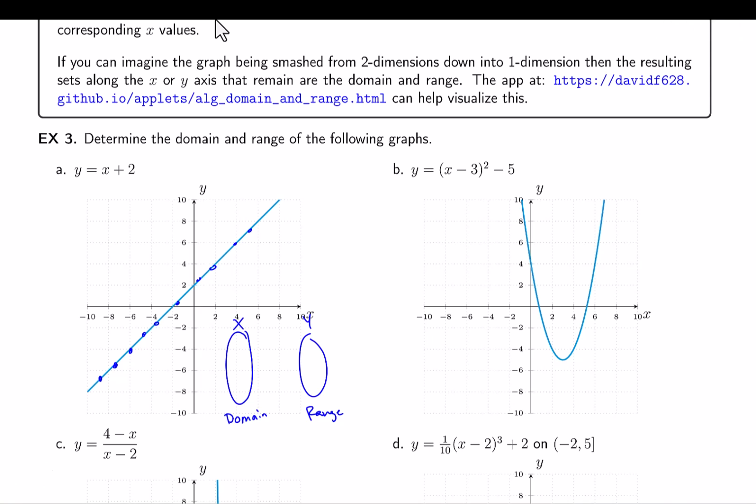But here's the thing: this one's at maybe -9. This one looks like, I don't know, -7.8 or something like that. It's not exactly at -8. You would think the next value after -9 would be -8, but not really. There's an infinite number of values between -9 and -8. You can't really just list them all.